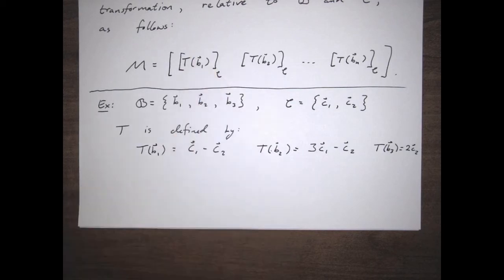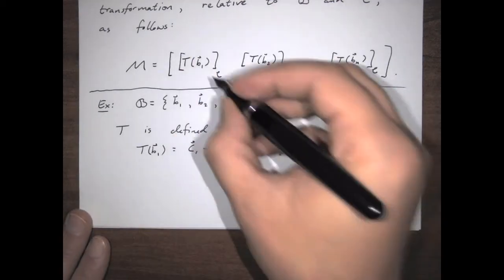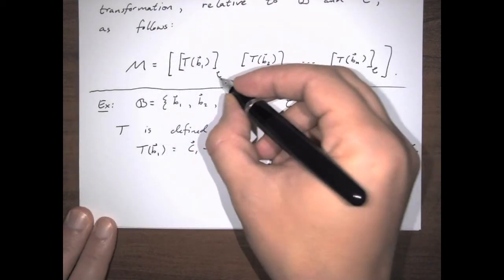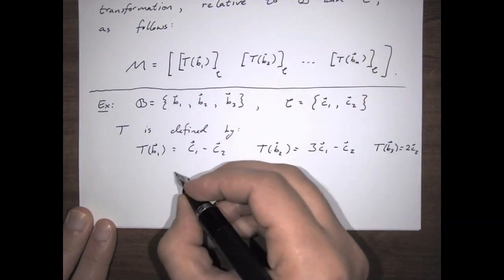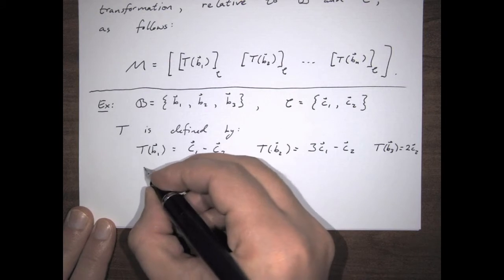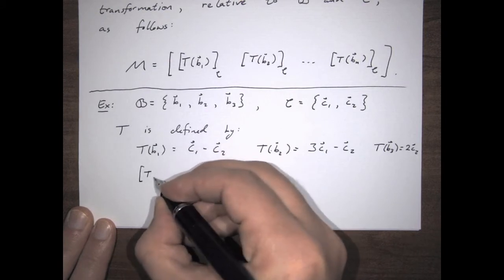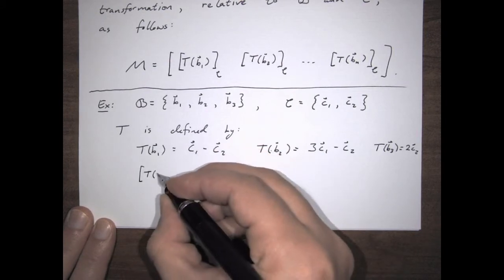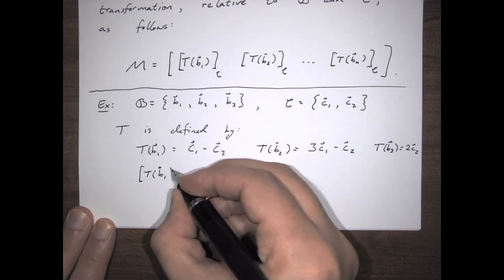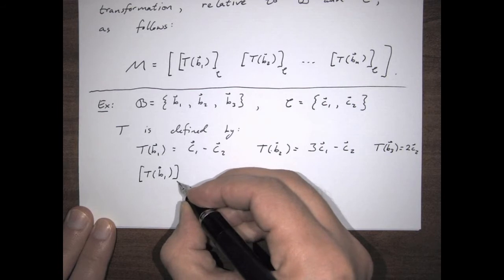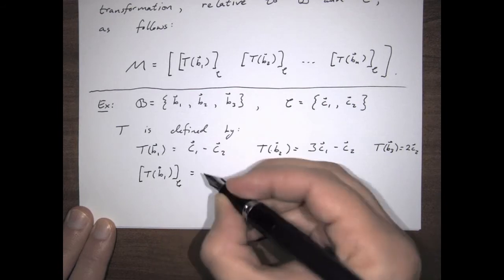Well then, looking at this matrix here, we are supposed to be finding the representations of each of these elements relative to C. Well, what does a representation relative to C mean? That just means that you take this expression here and you express the weights of each of the basis elements as coordinates.